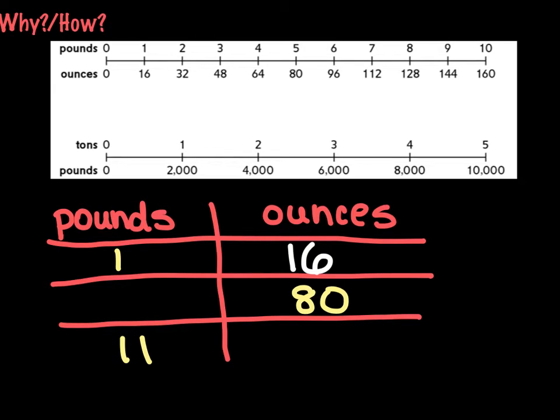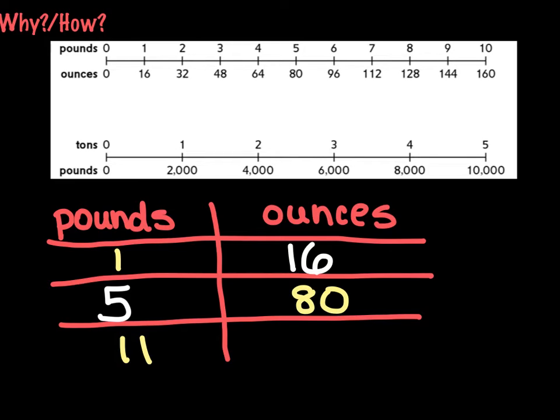But now we're going to work our way backwards because now I have ounces and I need to figure out how many pounds that is. So again, I'm going to come up here to my measurement scale, find ounces this time. We're going to travel across until we find 80. And then if we look up, lo and behold, the answer is 5.